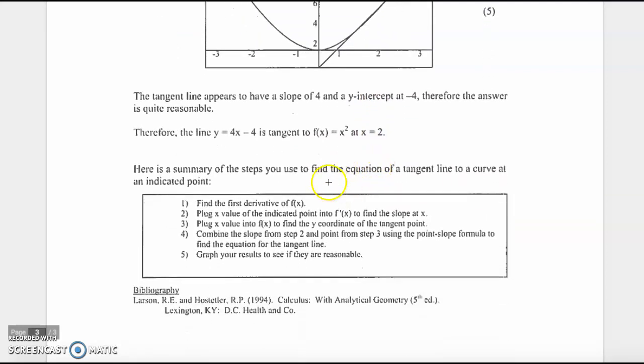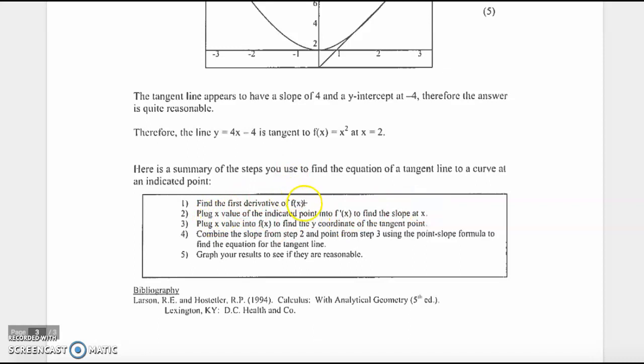And then it gives us a little summary for how to do equations of the tangent line. I can go ahead and do another example of those, but I do want to talk about one other piece before we do that. So let's go through the steps though. Find the first derivative, find the x value of the indicated point to find the slope.